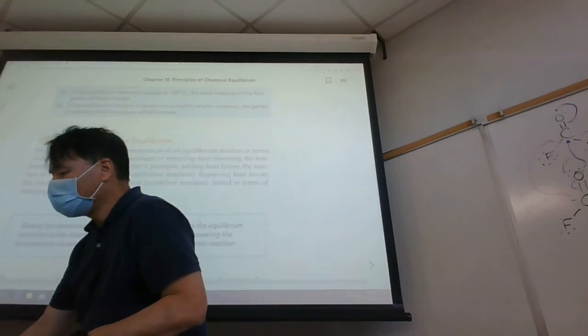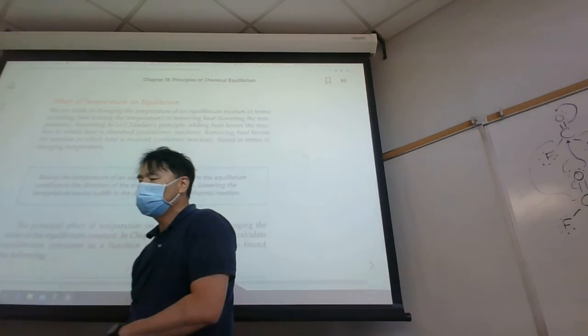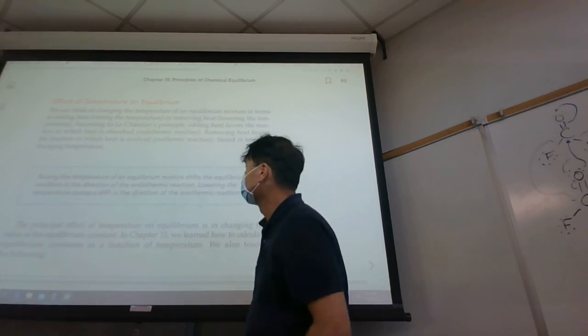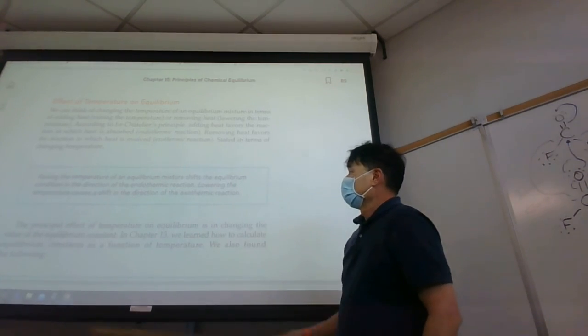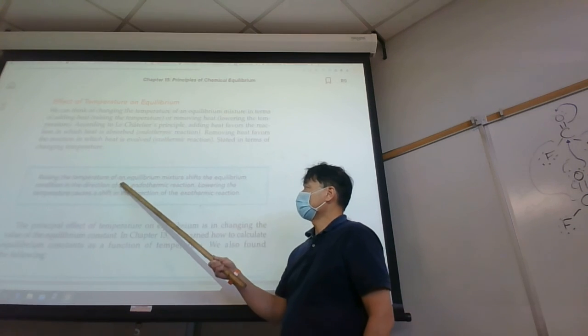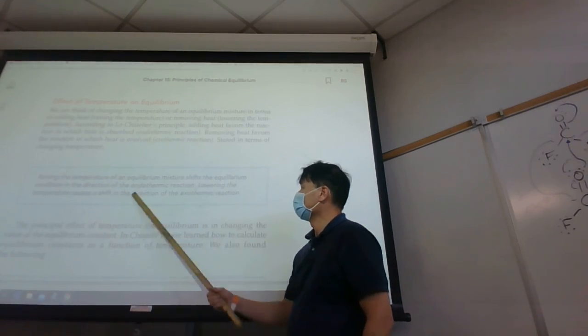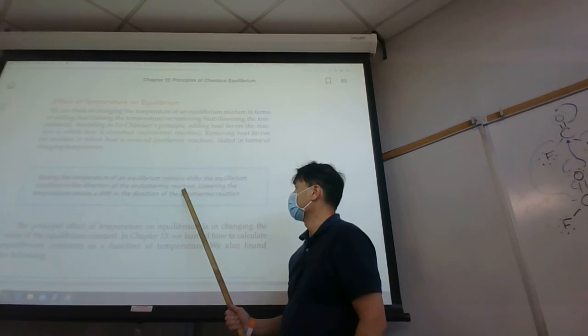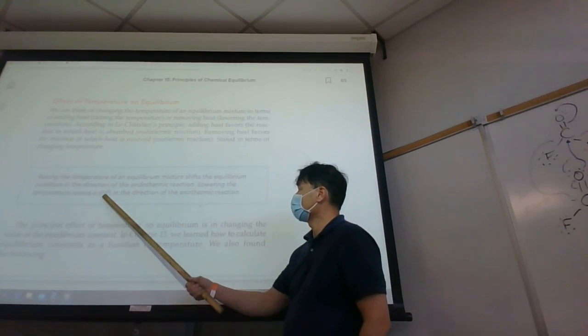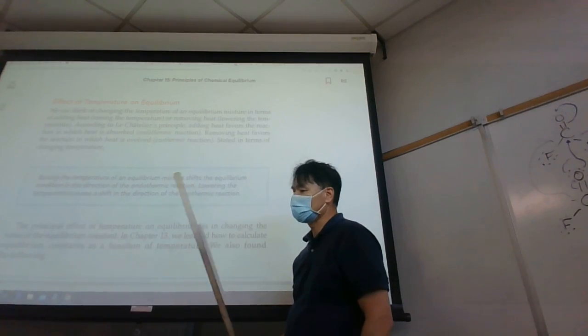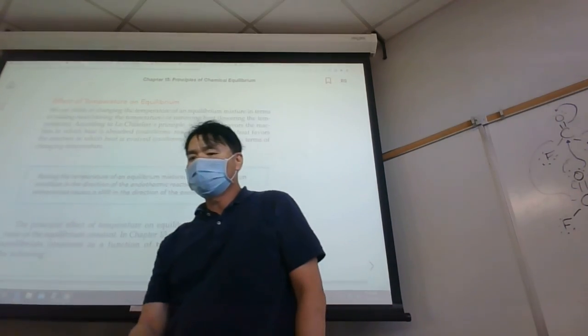Okay. Now what happens with temperature? We can make an even bigger prediction with temperature. If we raise the temperature, then the equilibrium mixture shifts in the direction of the endothermic reaction. Lowering the temperature causes a shift in the direction of exothermic. So you think about melting ice.